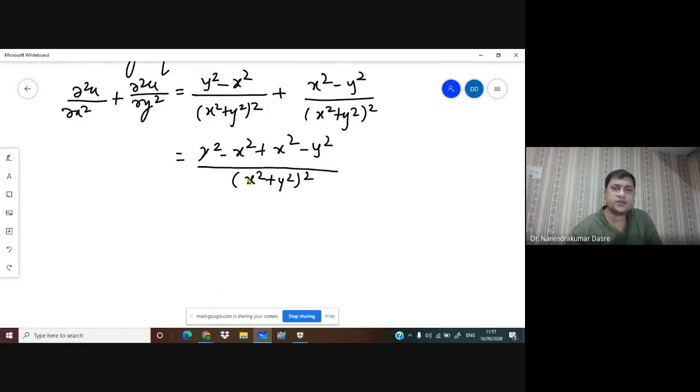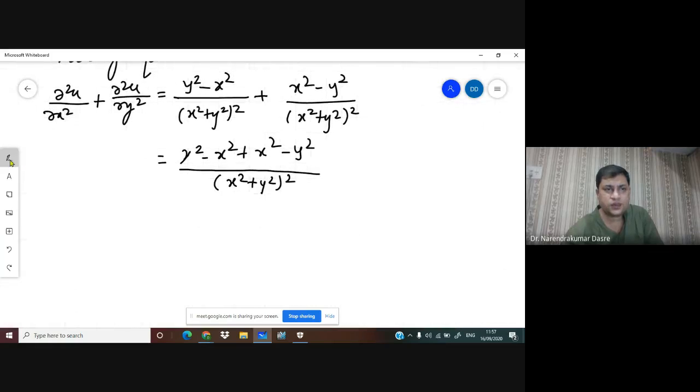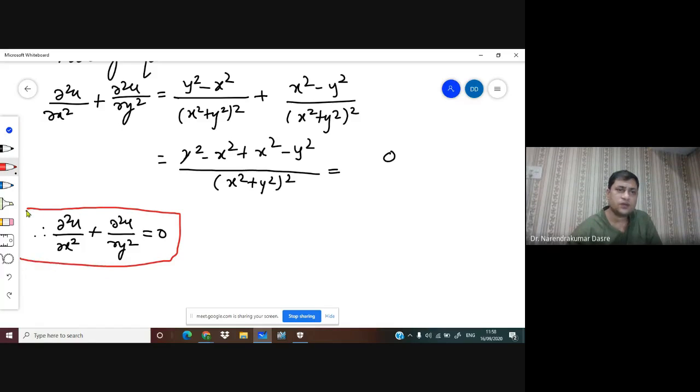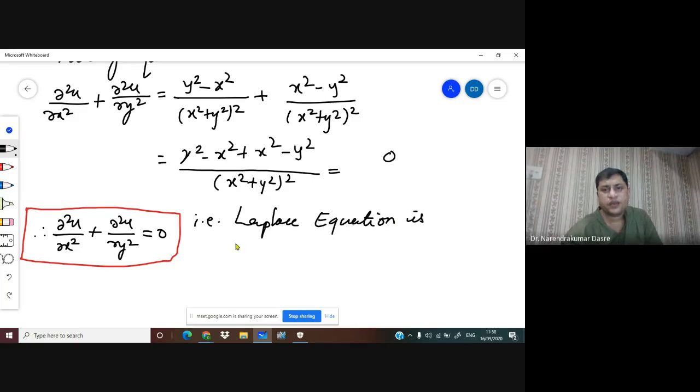Okay, so you can see that this x square will get cancelled with this x square, this y square will get cancelled with this y square. So we can have 0. And as we have 0 in the numerator, the denominator doesn't matter. So what we get is ∂²u/∂x² plus ∂²u/∂y² is equal to 0. So that is Laplace equation is satisfied.